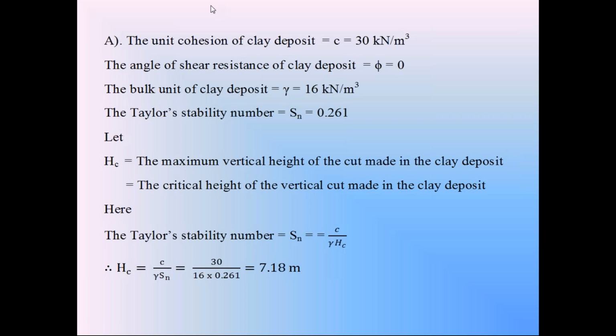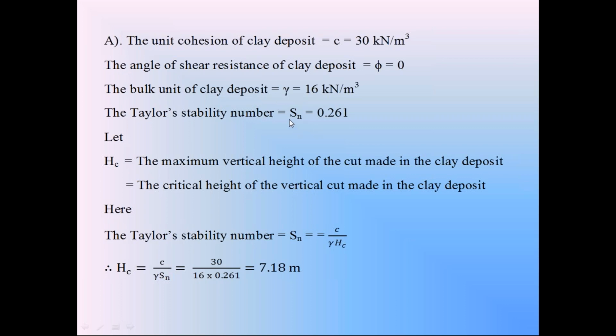The soil is clayey soil having cohesion 30 kilonewton per meter cube, the angle of shearing resistance phi is 0 for that clayey deposit, and the unit weight of that soil is 16. The Taylor stability number is 0.261. Actually, this value is not given in the problem.